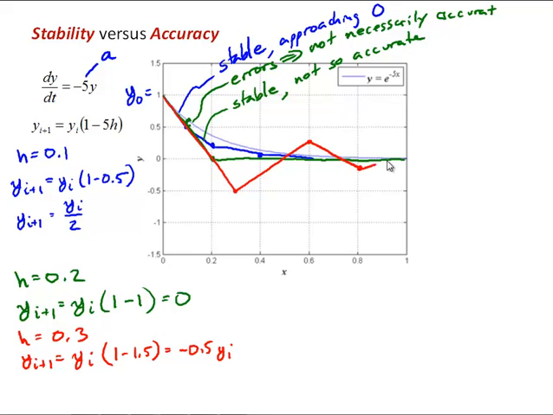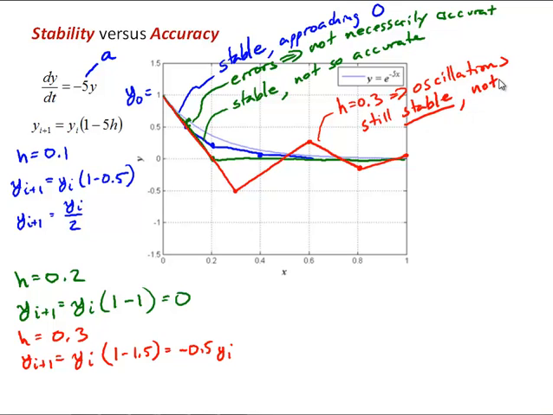So we see with the red solution, our h equals 0.3 solution, some oscillations in the solution, which are often an indication of instability, but it is still stable. And again, it's stable because the error is not growing in an unbounded fashion.